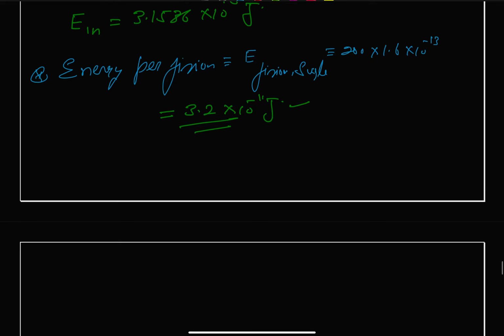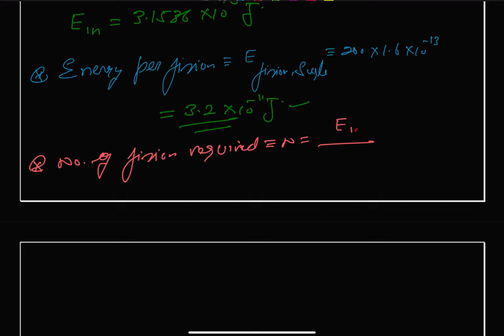So number of fissions required, let us suppose these are n, this will be equal to energy at the input and energy of the single fission.